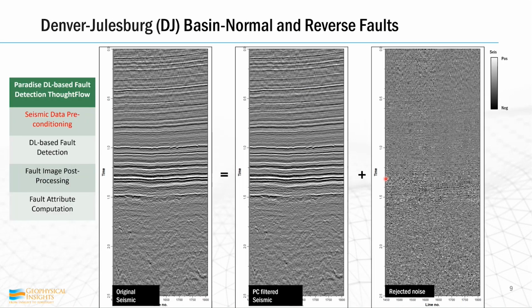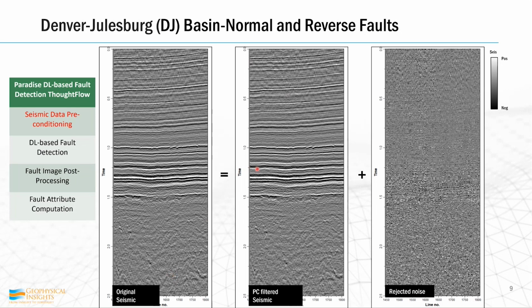Here we will show two examples to indicate how our Paradise deep learning based fault detection software works for different kinds of faults. This is our first example, the DJ Basin, which has normal and reverse faults. First, we apply our first step, seismic data preconditioning. The left vertical image here is showing the original seismic data.